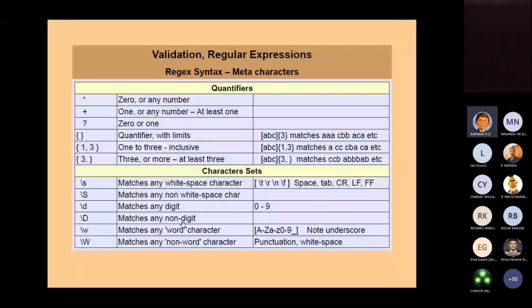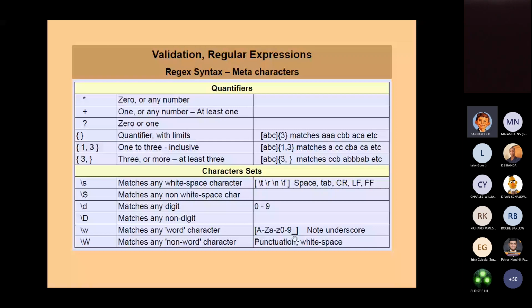The backslash lower w matches what's known as a word character. This one you need to check on quite carefully. A word character is a capital A to Z, a lowercase a to z, the digit 0 to 9, and then for some reason it includes an underscore as well.